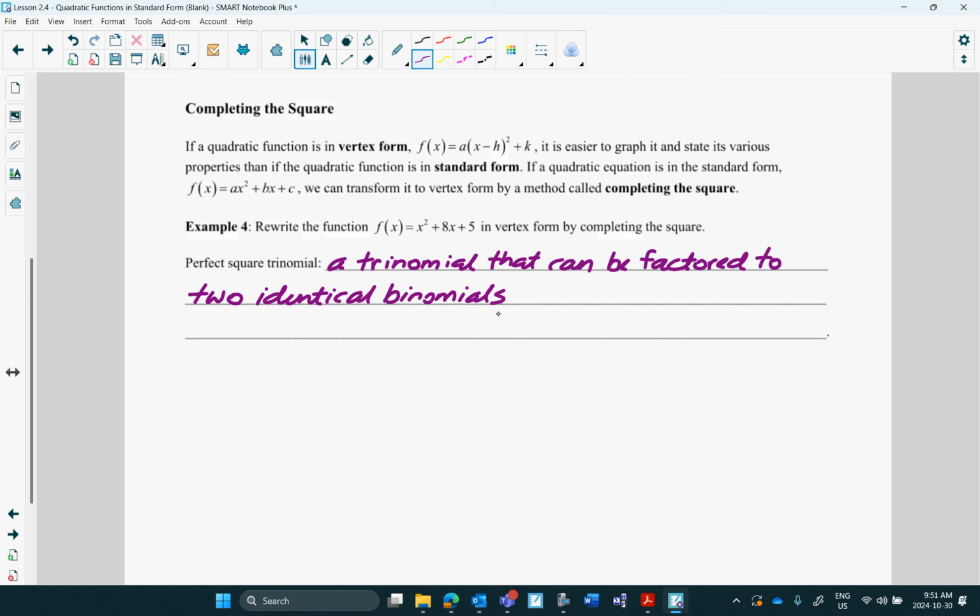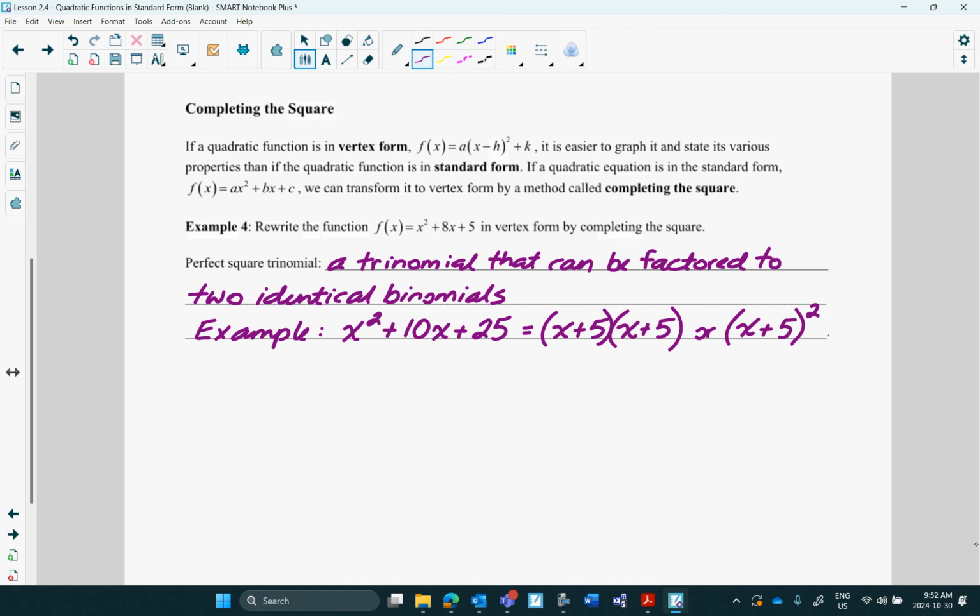So, for example, if we had x squared plus 10x plus 25, and I factored that, I would get x plus 5 times x plus 5, or x plus 5 squared. So that would be called the perfect square trinomial.